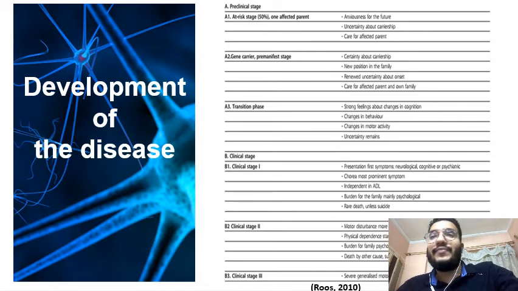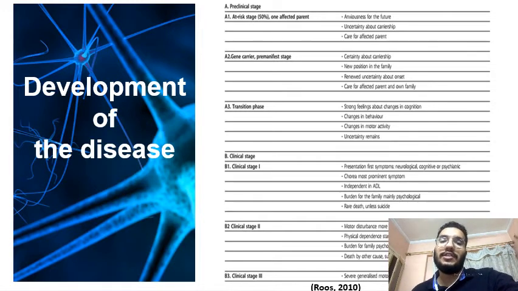The preclinical stage contains three stages: first, the at-risk stage, 50-100% with one affected parent, second, the gene carrier pre-manifest stage, and third, the transition phase. The clinical stage also contains three stages, called clinical stage 1, clinical stage 2 and clinical stage 3.